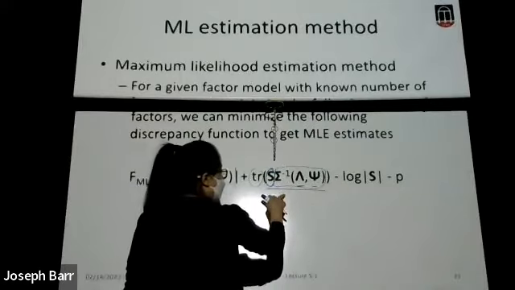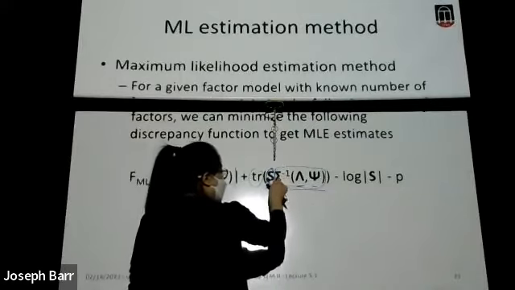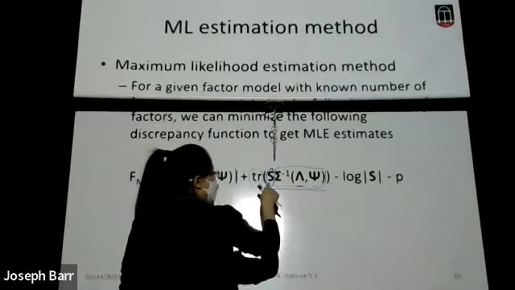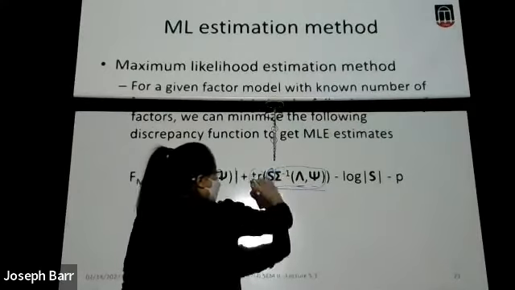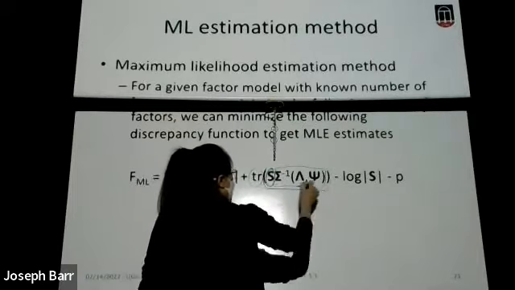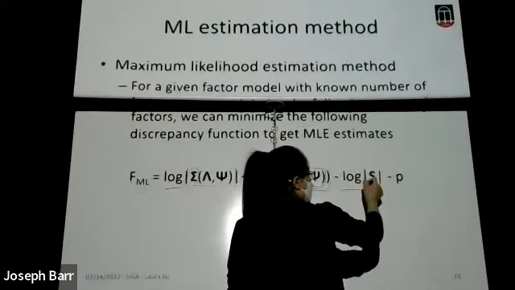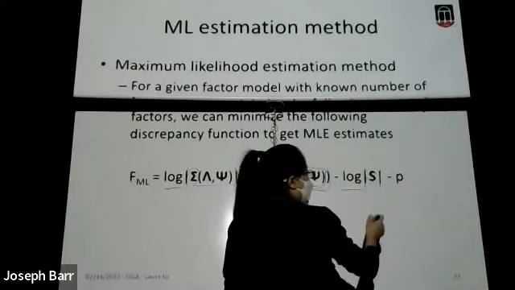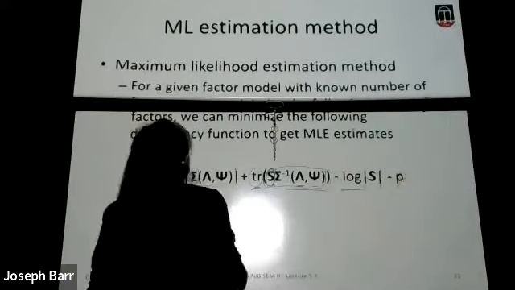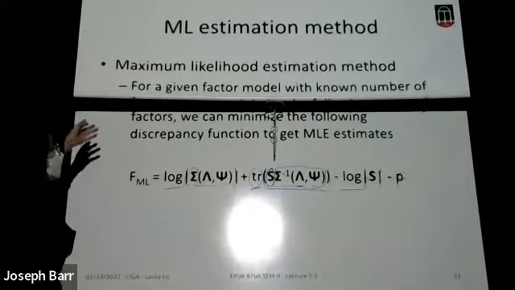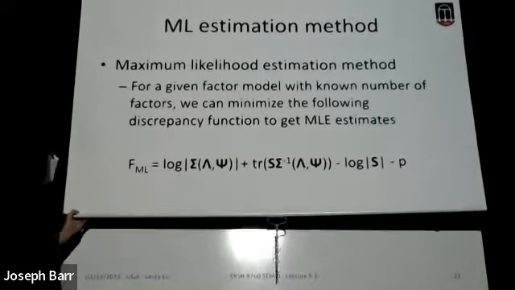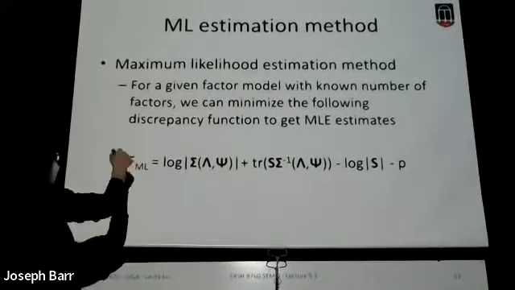This is the inverse of the model covariance matrix times S, and the whole product takes a trace. And then we minus the log of the determinant of the sample covariance matrix, and minus p, where p is the number of variables. Okay, this is the FML.